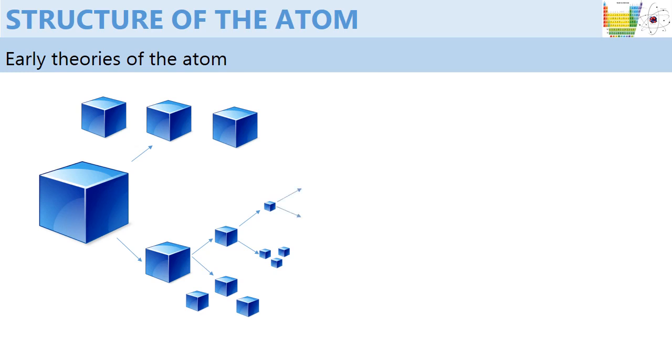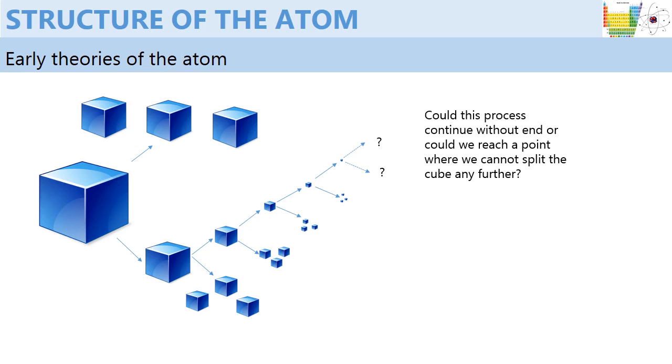Imagine repeating this process over and over and over. What do you think we could end up with? Could this process continue without end? Or could it reach a point that we could not split the cube any further?